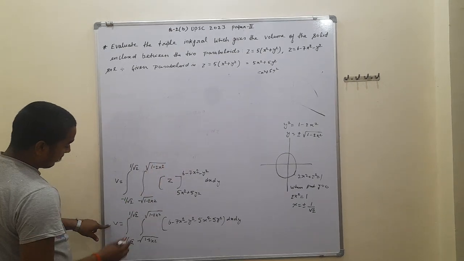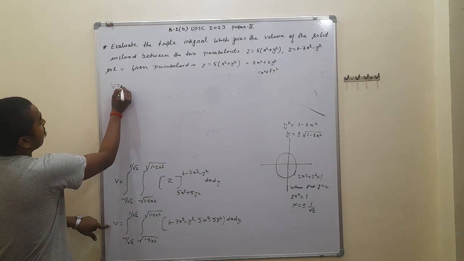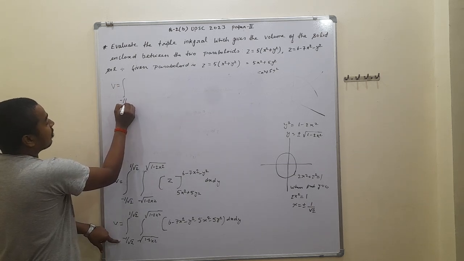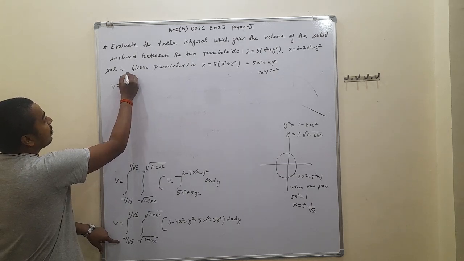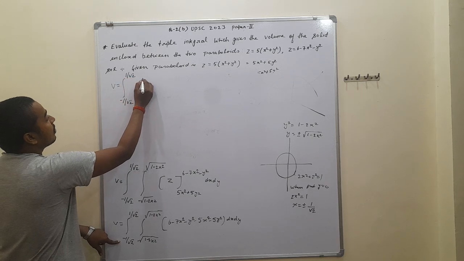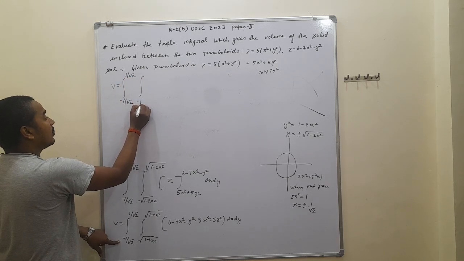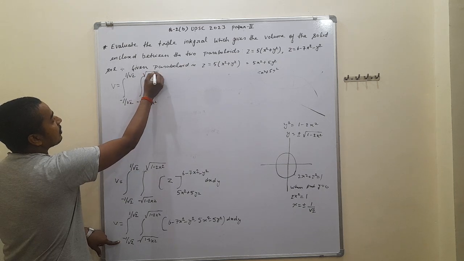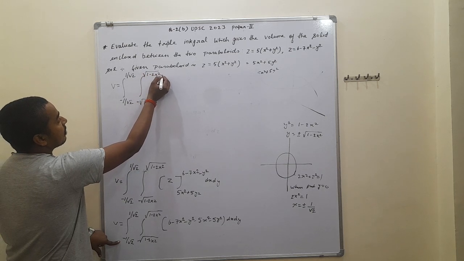We have to solve, that is volume is equal to integration of minus 1 upon root 2 to 1 by root 2 and the integration of minus of under root 1 minus 2x square to plus of 1 minus 2x square.